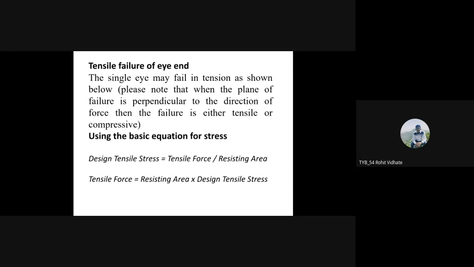This formula we can modify for calculating the load, that is the tensile force. We take the resisting area to the other side and calculate the force. So tensile force is equal to resisting area multiplied by design tensile stress. That basic formula we are going to use.